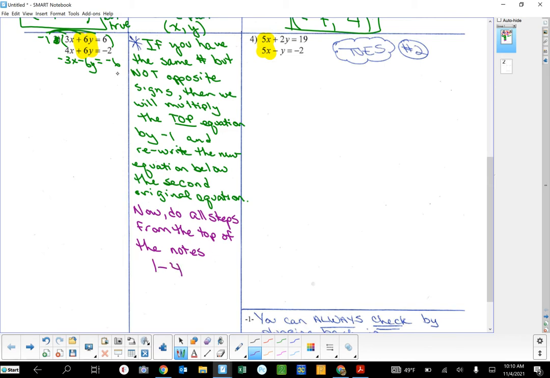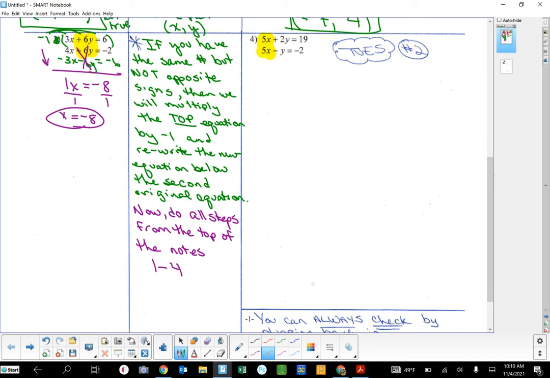Okay, so we're going to draw a line under here and add down. 4x minus 3x gives us a 1x. These cancel each other out. -2 minus 6 is a -8. And we don't really need this 1 here, or you can divide by the 1 if you really would like to do that. And we get x equals -8.